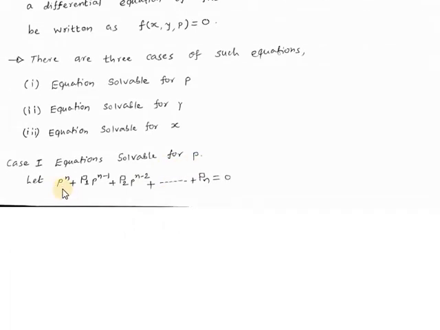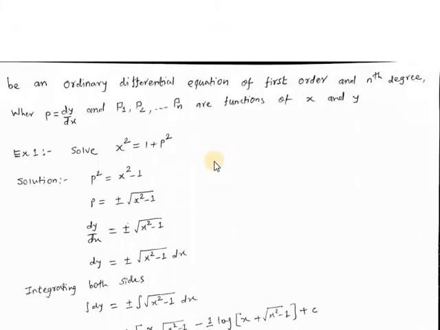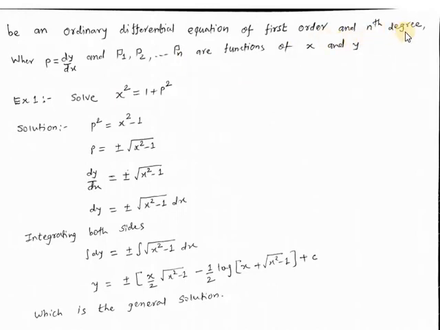Let p raised to n plus p1 p raised to n minus 1 plus p2 p raised to n minus 2 plus so on plus pn is equal to 0 be an ordinary differential equation of first order and nth degree, where p is equal to dy by dx and p1, p2 up to pn are functions of x and y.